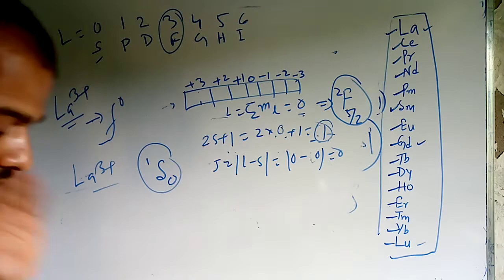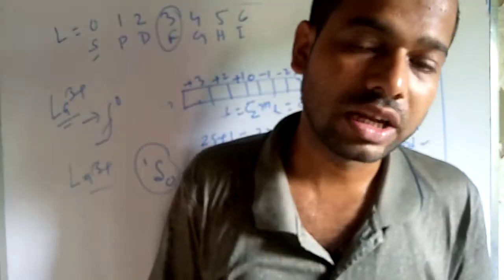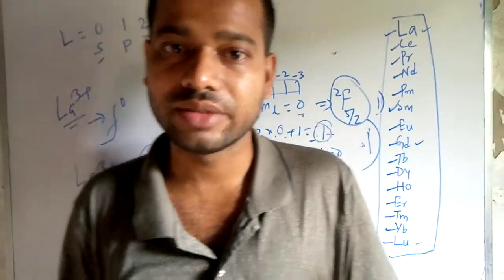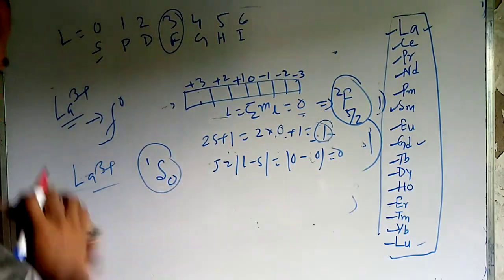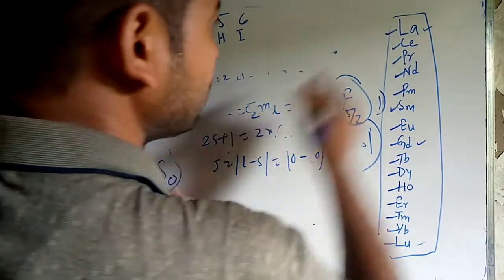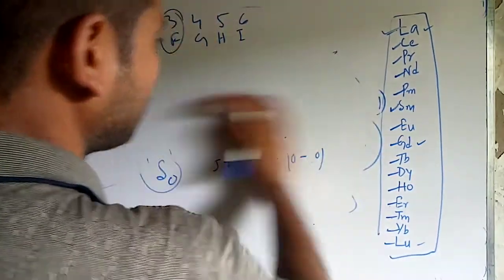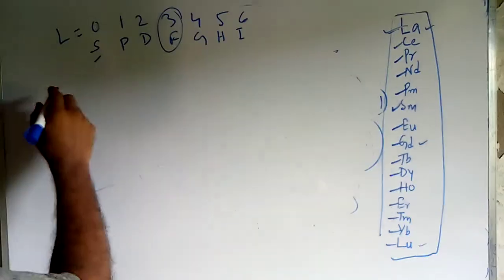I will calculate here the 3 plus ions of all lanthanide elements. Let us see. It is lanthanum, and then you consider cerium ions.